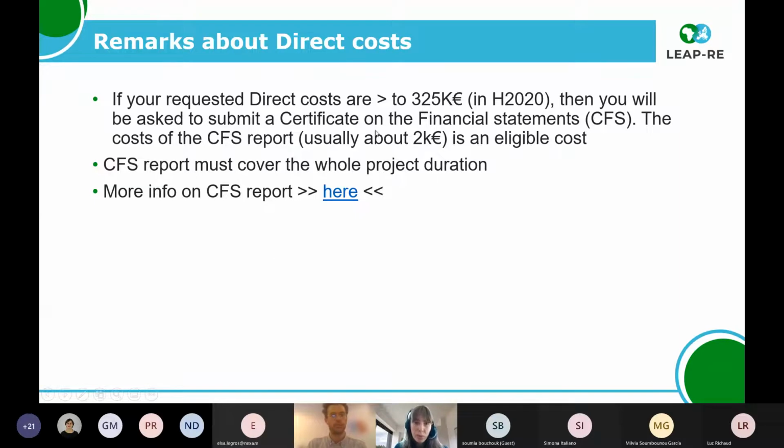It will have to cover all the costs that you have incurred in the project, and be provided to the Commission by the end of the project. Of course, if you are in this scenario, my colleague at LGI will tell you in advance. So we will tell you if you have to provide this statement or not.